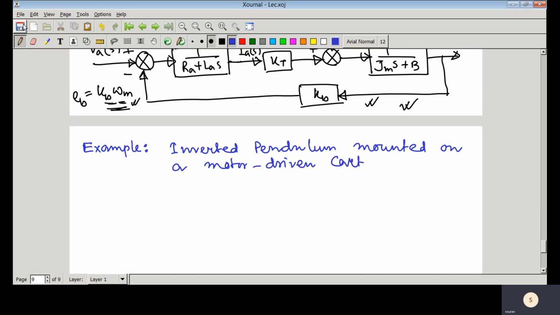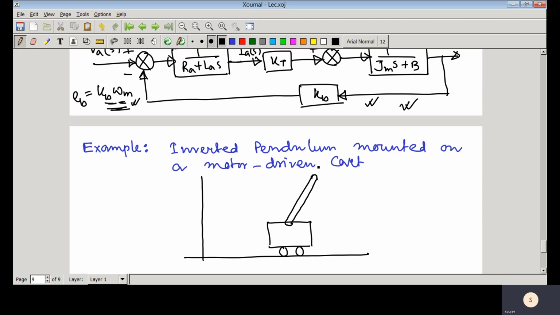Here I am drawing the schematic diagram. Suppose you have the cart and one pendulum fixed like this, in the inverted, upright position, and this angle is theta.